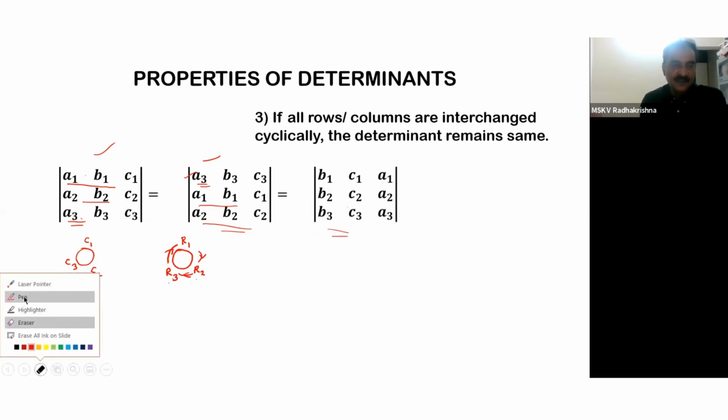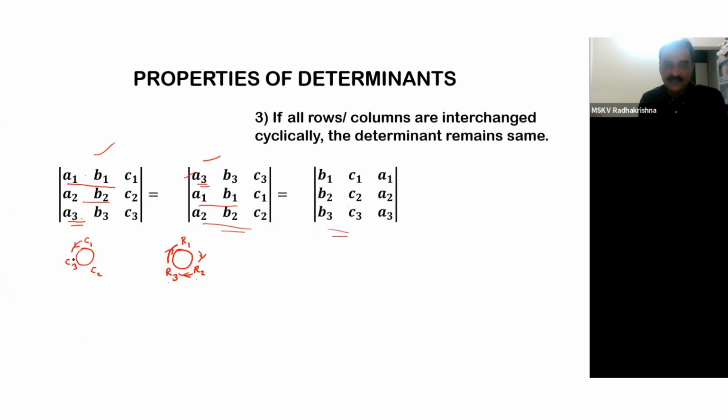C1, C2, C3 are interchanged clockwise. C1 becomes C3. Sorry, C1 means this column. C1 becomes C3, third column. C3 becomes C2. C2 becomes C1. Observe. Then you will get this determinant. The value remains same. Understood?